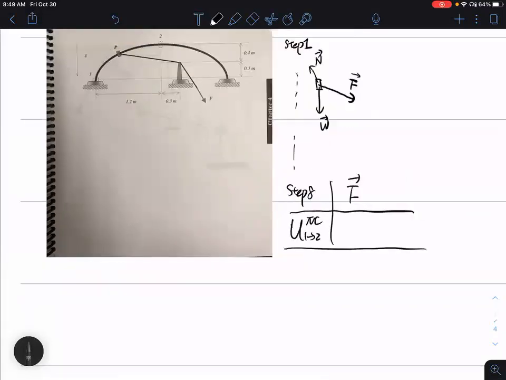The equation is F times S, right? The tricky part is how to find that S, the distance S.